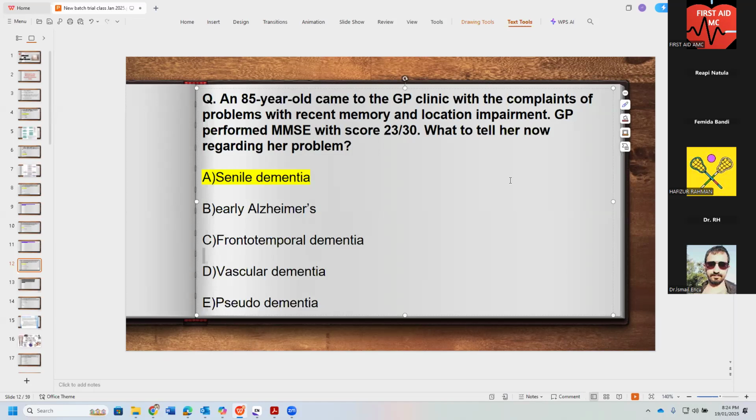Pseudodementia is very difficult to define because it's a disorder which mimics dementia. For example, if a person is having severe depression, it can cause them to forget things as well. So depression can mimic dementia.